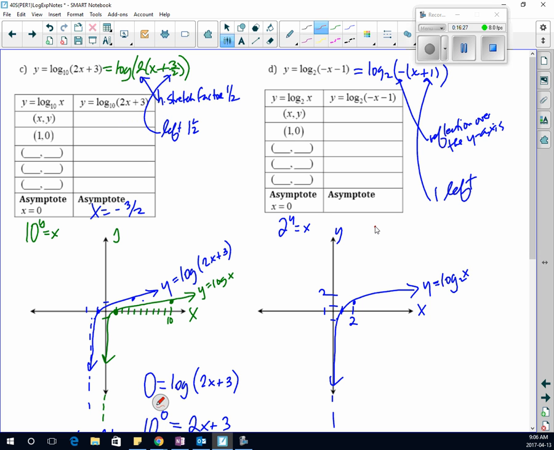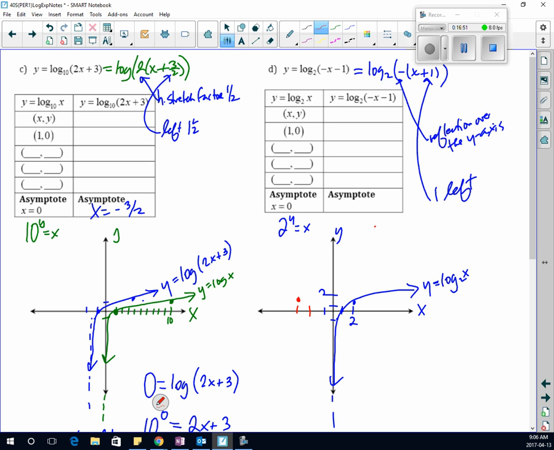So let's start with the most right point here. The most right point is 2, 1. Does everybody see that? 2, 1 becomes -2, 1, and then it's going to go left 1. Does everybody see there's my new point?